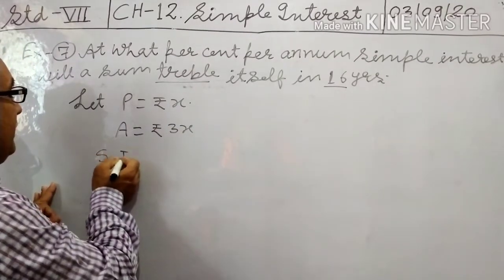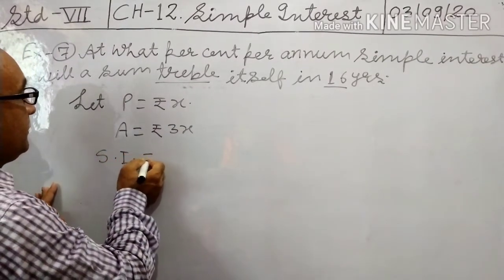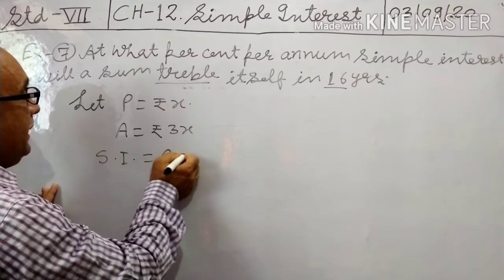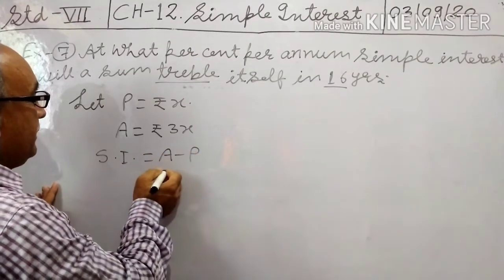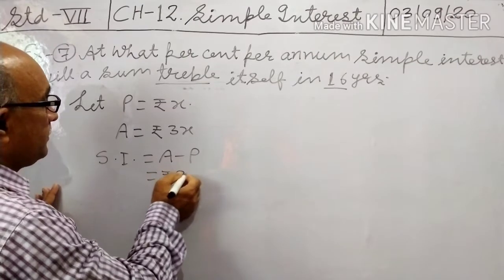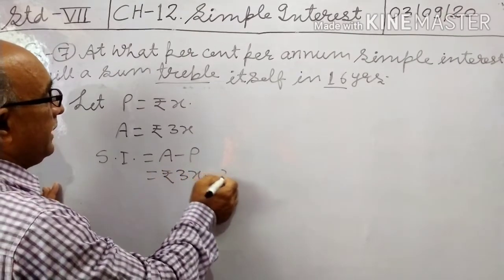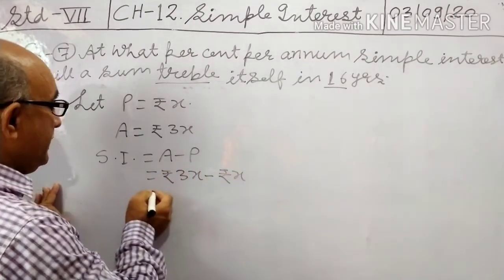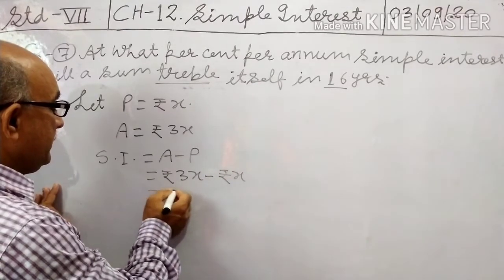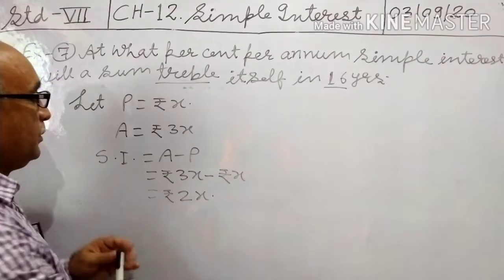So SI equal to A minus P, equal to rupees 3x minus rupees x, equal to rupees 2x.